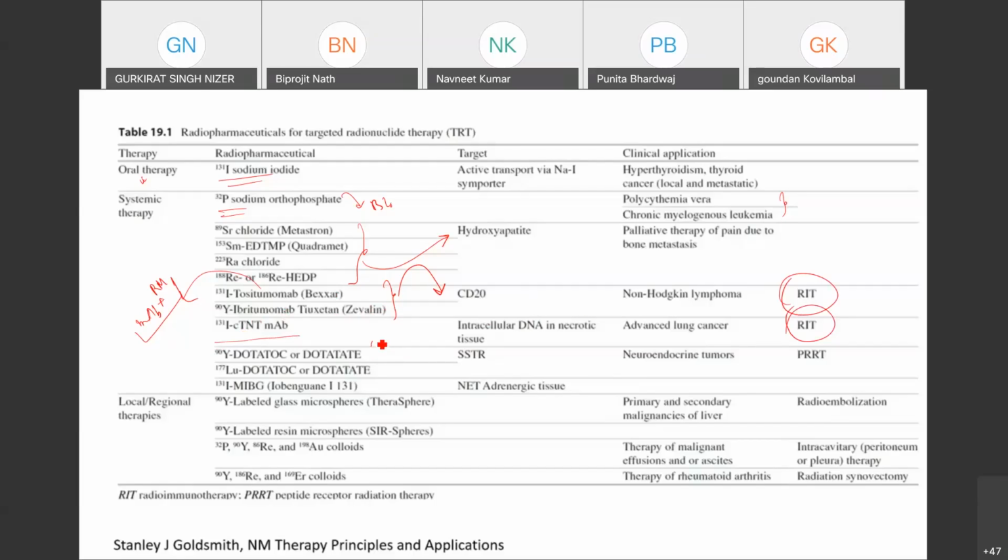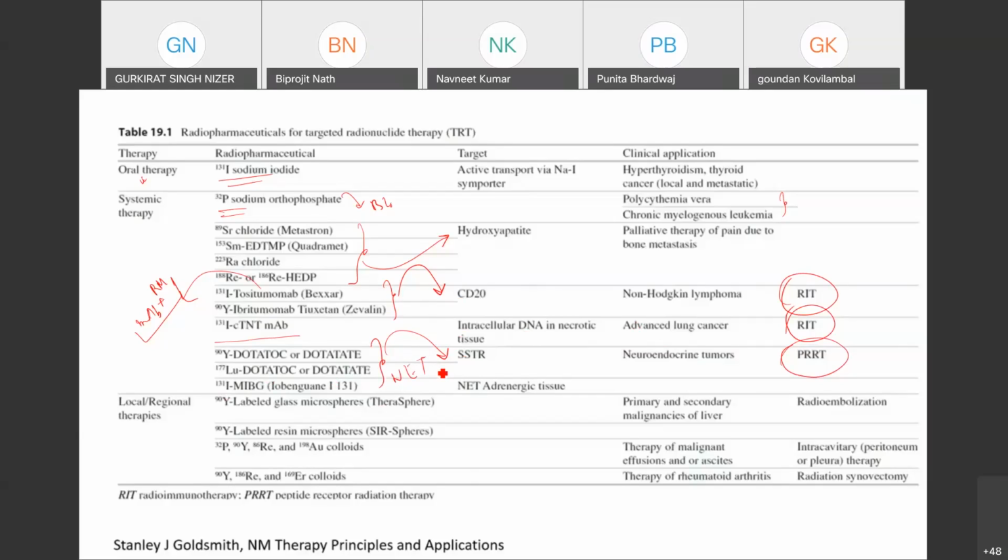And apart from this, we have this group of drugs, yttrium 90 labeled DOTATOC or DOTATATE, or lutetium 177 labeled DOTATOC, DOTATATE, and these are used in treatment of neuroendocrine tumors, and they attack these receptors we call the somatostatin receptors, and these receptors are overexpressed in case of the NETs. And that's an example of PRRT. It's called peptide receptor radionuclide therapy. And we have this iodine 131 labeled MIBG, which is also being used for treatment of neuroendocrine tumors.